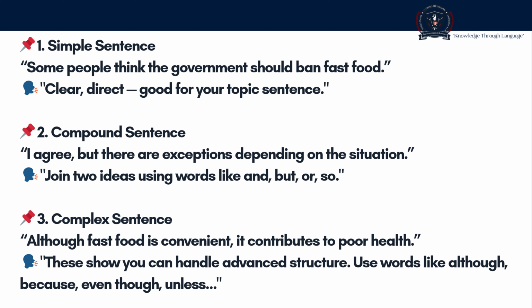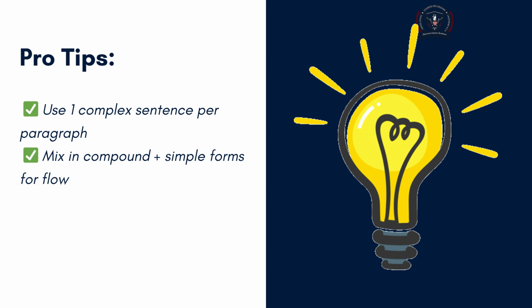Example: although fast food is convenient, it contributes to poor health. These show you can handle advanced structure. Use words like although, because, even though, unless. Pro tip: use one complex sentence per paragraph. Mix in compound plus simple forms for flow.